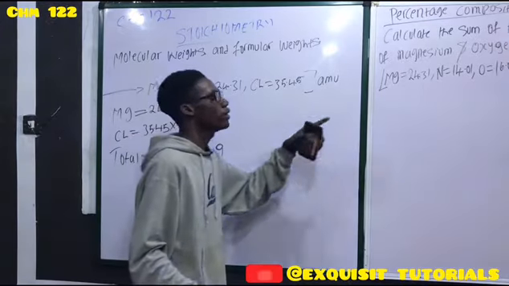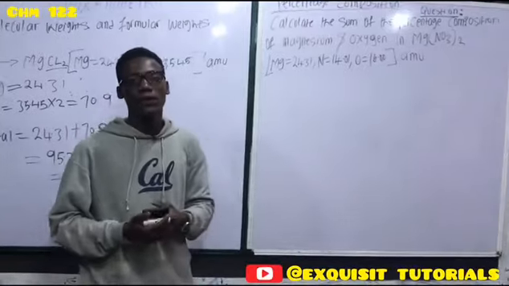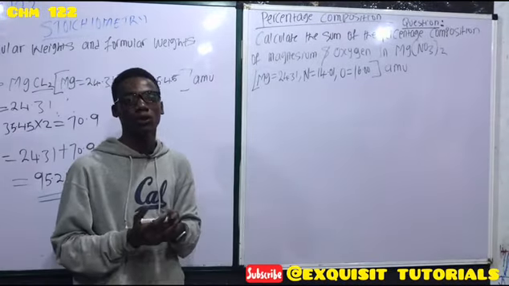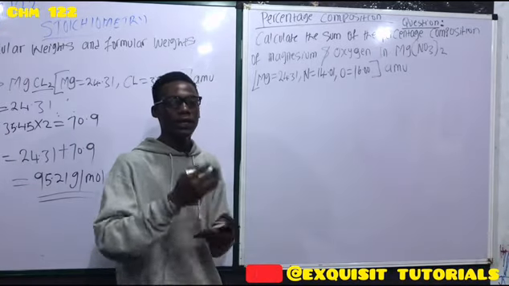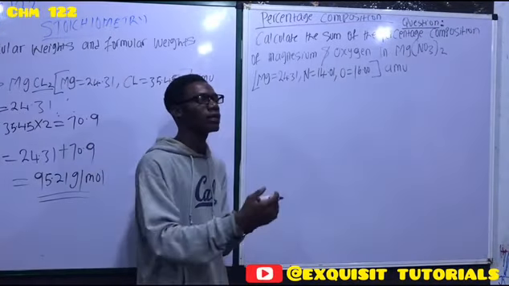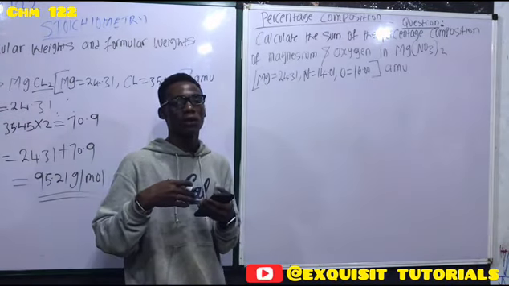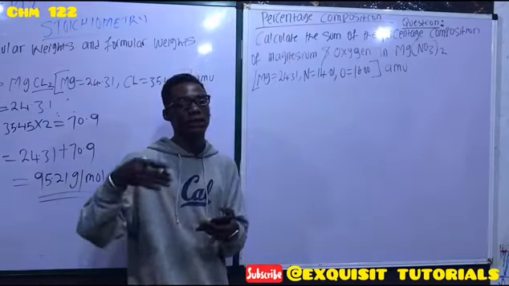Now I'm going to move to the other side of the board to give a brief explanation on percentage composition. Now, in a compound, each element has its particular quantity in that compound.